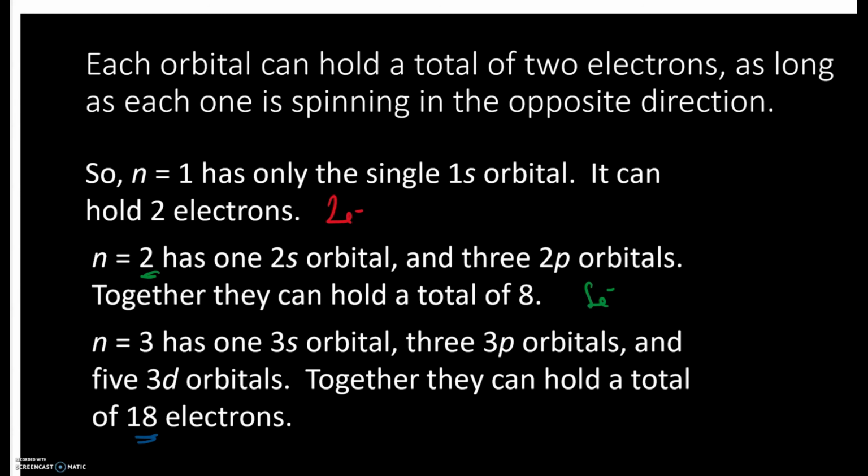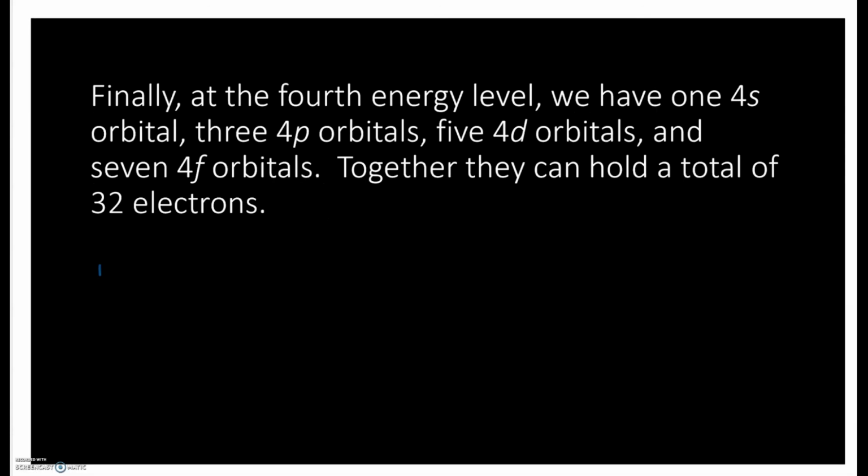And how about our f's? When energy level n equals 4, values of L can be 0, 1, 2, or 3. And here is how our values of m sub L stack up. For 0, there can be only 1. For 1, -1, 0, and +1. For 2, -2, -1, 0, +1, and +2.